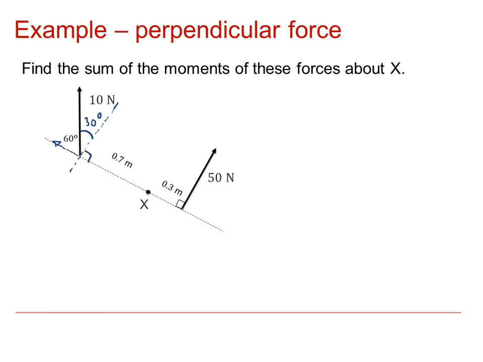So for that perpendicular component, we've got 10 cosine of 30 degrees, and we're multiplying that by the perpendicular distance, which is 0.7 meters.